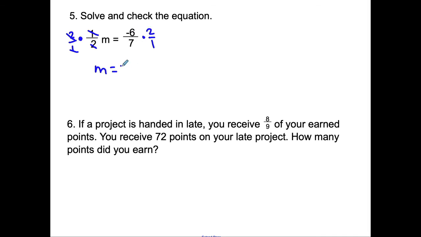Negative 6 times 2 is negative 12. 7 times 1 is 7. Negative 12 sevenths. If I make it into a mixed number, 7 goes into 12 once, with 5 as a remainder, so negative 1 and 5 sevenths.